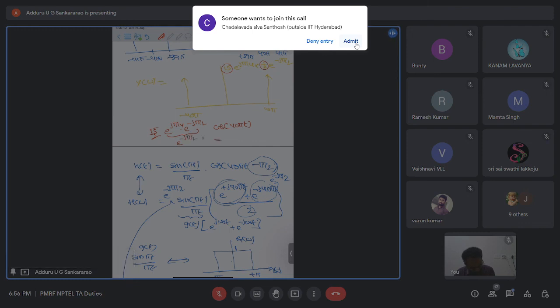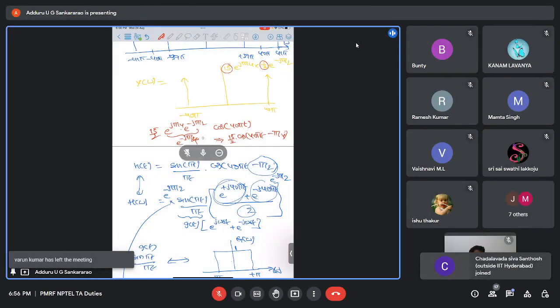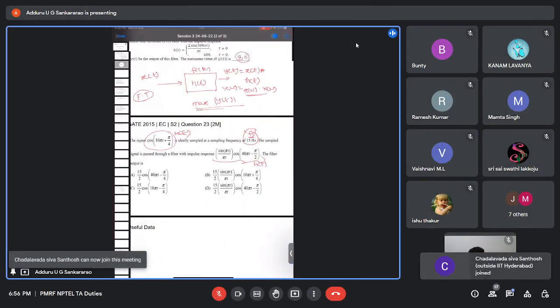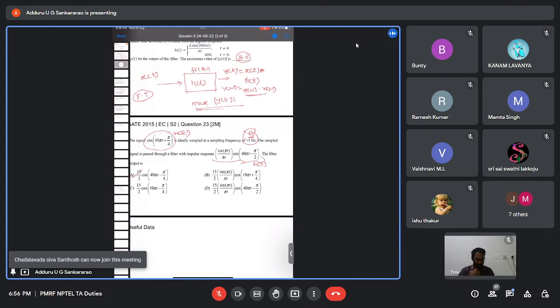So this entire signal I can write as 15 by 2 into cos 40 pi t, the phase will go inside, minus pi by 4. So this is pi by 4. So 15 by 2 cos of 40 pi t minus pi by 4. If you see the options, the first option is that one: 15 by 2 cos of 40 pi t minus pi by 4.